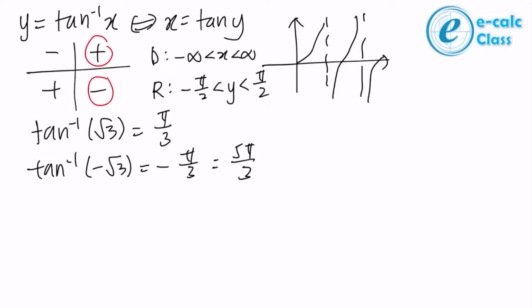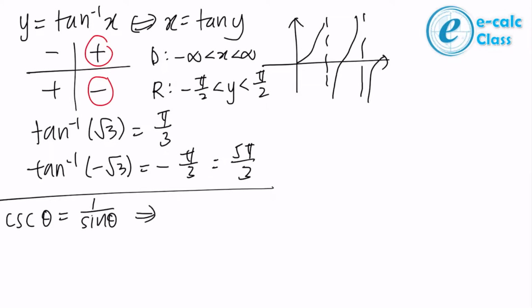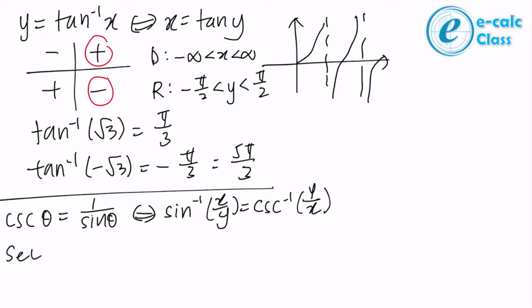Then the rest are very easy lah. The rest, if you know, cosecant theta is 1 over sine theta, right? So sine inverse x over y will be cosecant inverse y over x. Secant theta is 1 over cos theta.